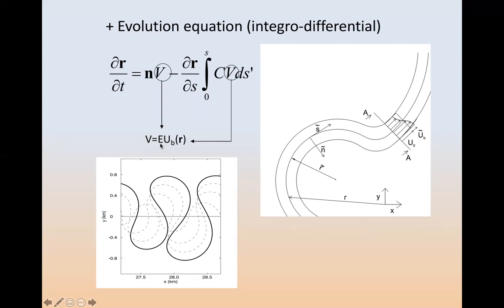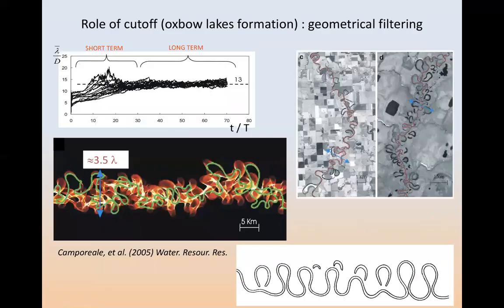So, putting all together, people have resolved the linear stability analysis also in this case, and the linear problem, and so people now are able to make this kind of numerical simulations for the short-term and long-term evolution of meandering rivers.